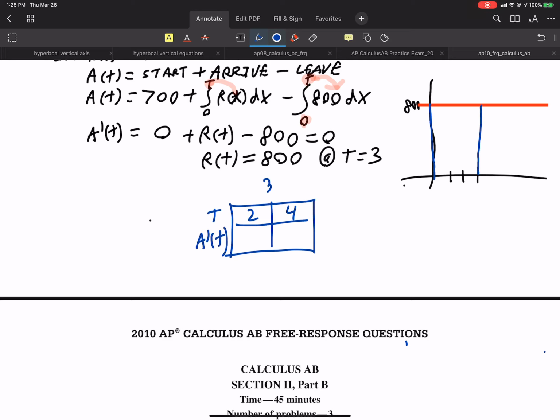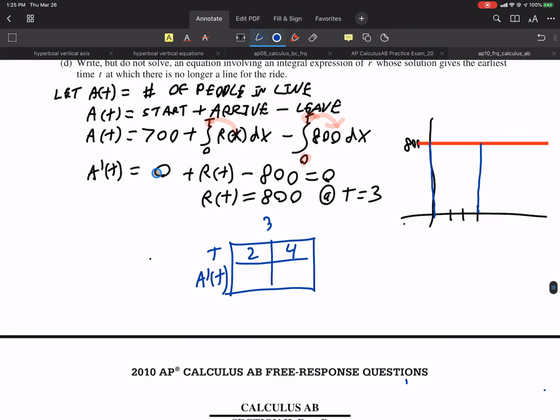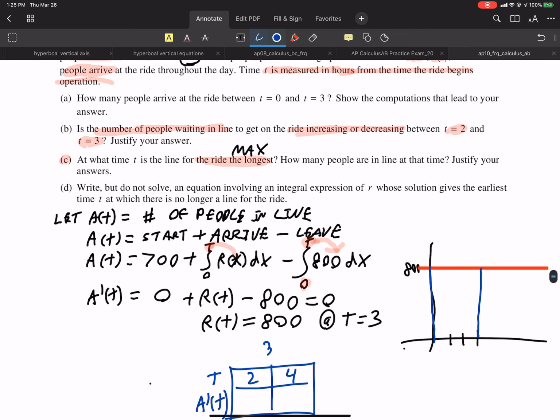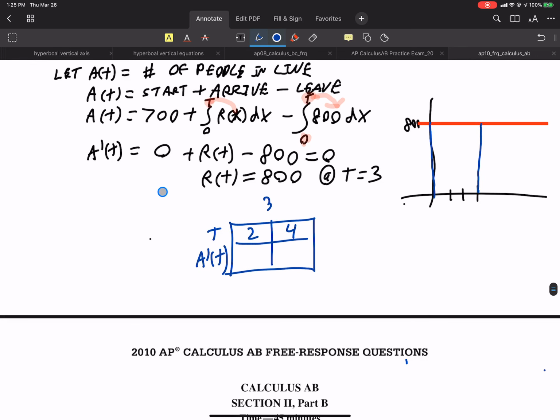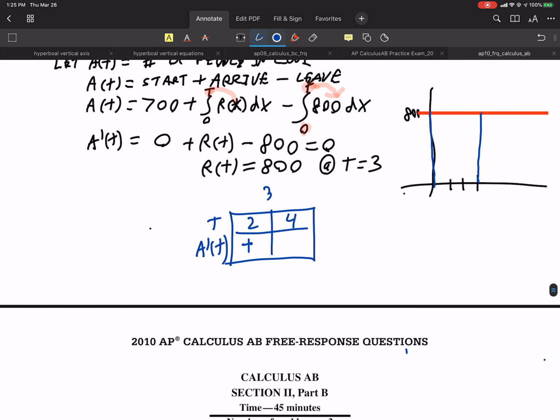So if we look at 2, I need r of 2. R of 2 is 1200, as you can see here. So 1200 minus 800 is clearly positive. And then we need r of 4. At 4, r is 400. So 400 minus 800 would get you negative. So we see 3 is a relative max.